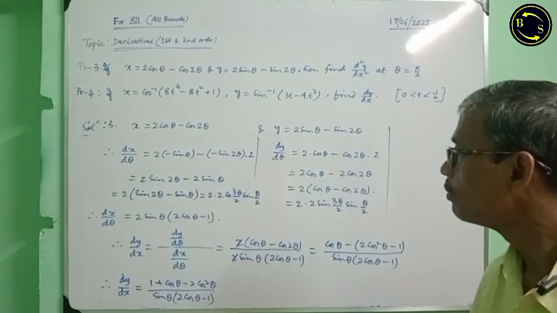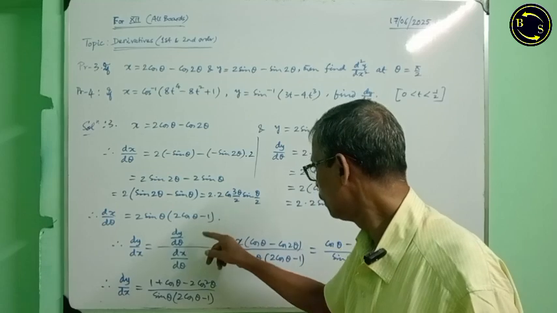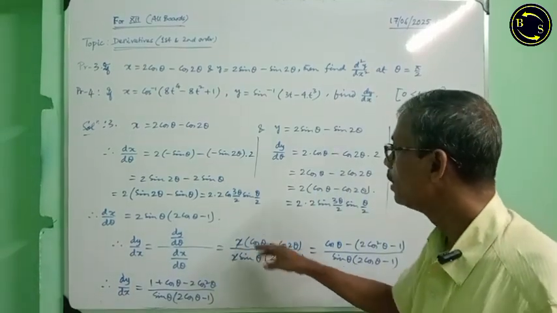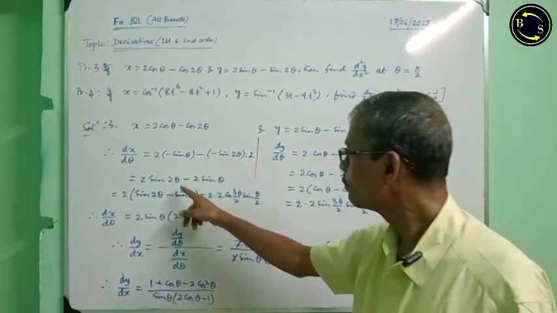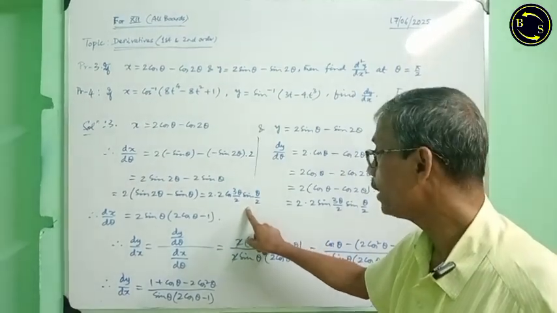Now to solve this sum, if we take this form, it is becoming complicated. We keep this form and apply the transformation formula here.